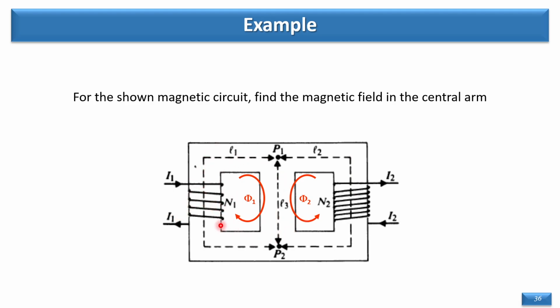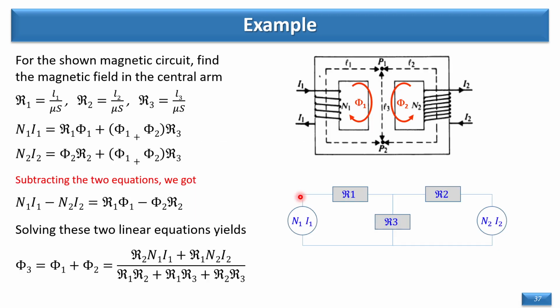So we have two loops here. We can apply Kirchhoff's voltage law on them, and remember that the two fluxes, which are analogous to currents, both flow in the middle arm. So we can write the two equations for loop 1 and loop 2. This is the electrical model: reluctance here, reluctance here, reluctance here.